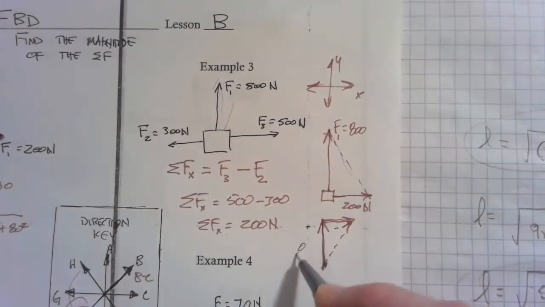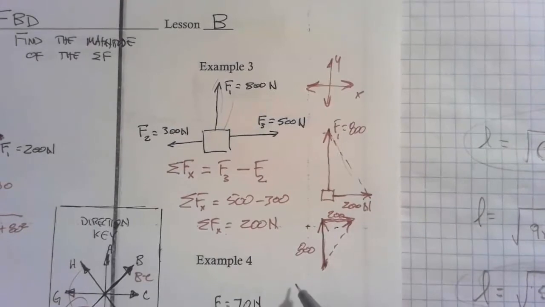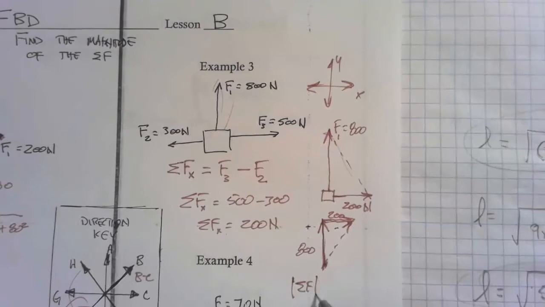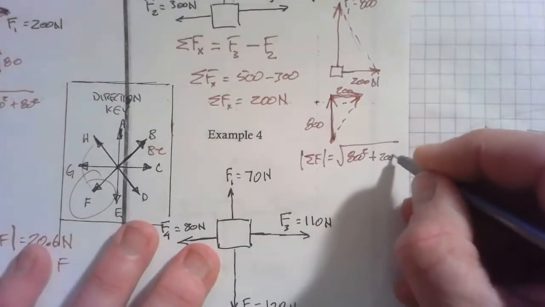So we're going to have 800 and 200, and we're going to use the Pythagorean theorem. So the magnitude of the net force is the hypotenuse, so it's going to be the square root of 800 squared plus 200 squared.